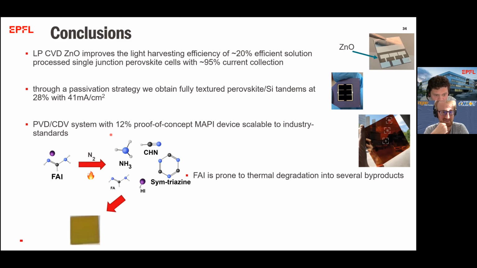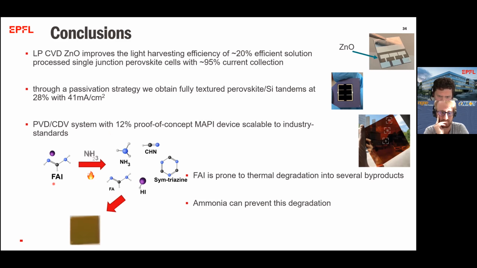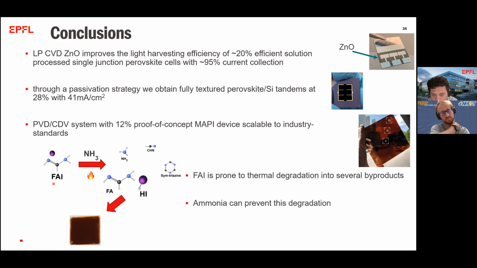And in the very last bit, I've shown you that formamidinium iodide, although it's probably a more stable organohalide per se, under the conditions where we use to deposit it, it decomposes in a big zoo of chemicals. And by changing the amount of chemicals in the system, you can in fact still get a formamidinium lead iodide perovskite, but this is still ongoing work.